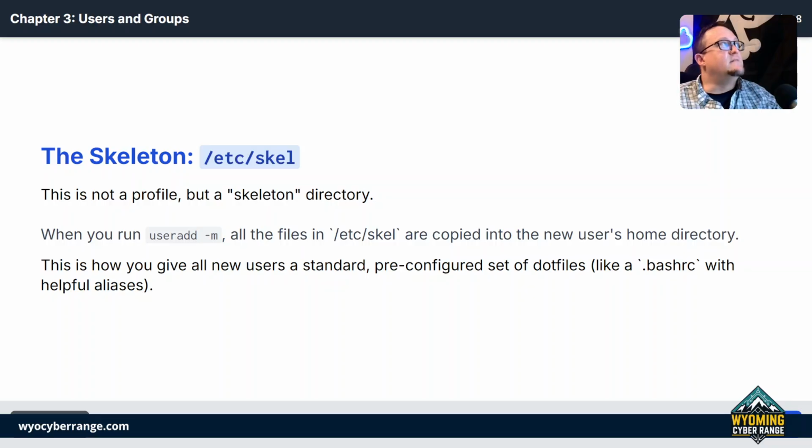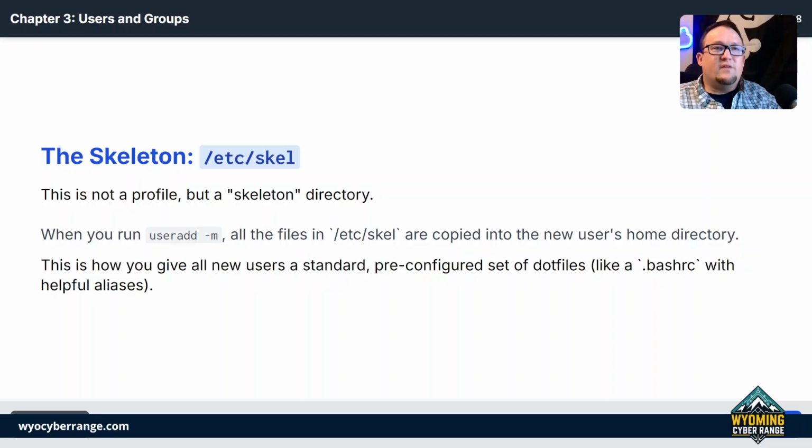Now the skeleton. The skeleton is not a profile, but a skeleton directory. So when you run useradd -m, it takes all of the files out of the skeleton directory and copies them into the user home directory. This is how we can create a standard format.